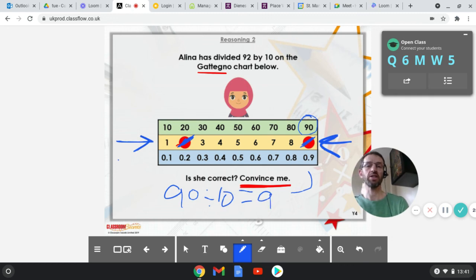That's correct. But if she's got a 2 here, and 2 divided by 10 equals 0.2, but she hasn't covered up 0.2. So I think she's correct with the 9. She's done the right thing. She's taken the 90 and she's divided it by 10 and ended up with 9. But the 2, she hasn't divided the 2 by 10.